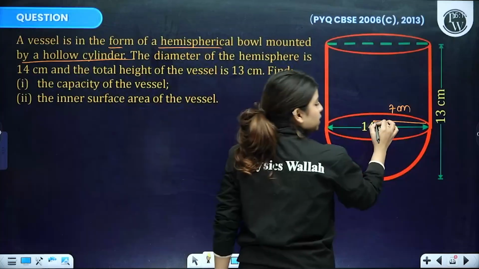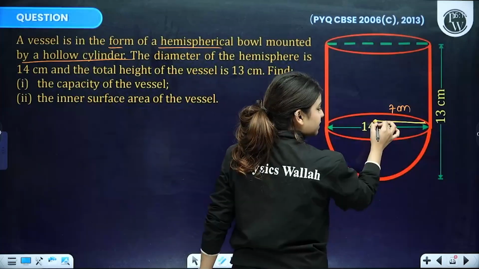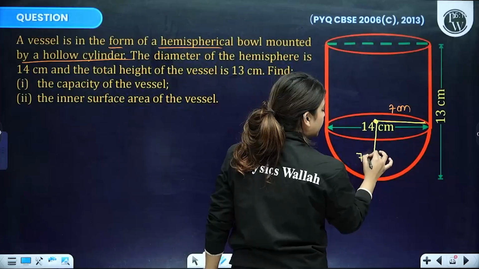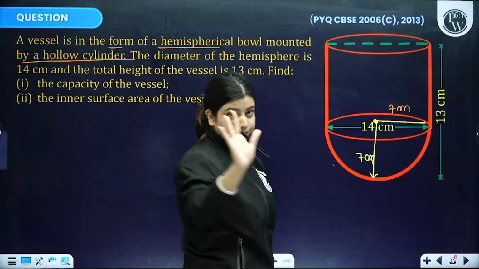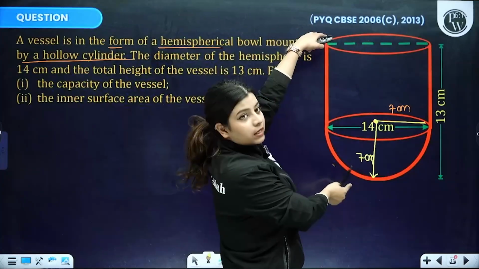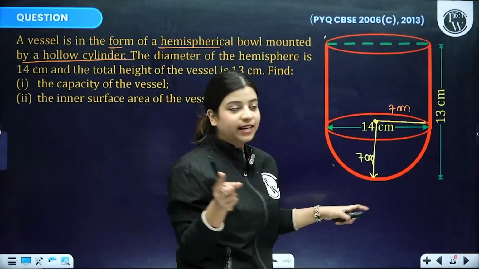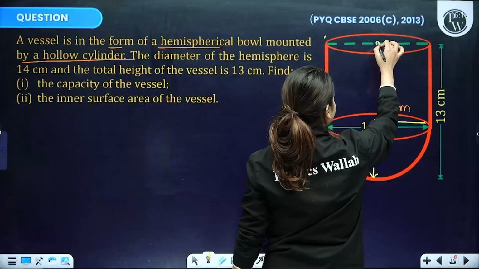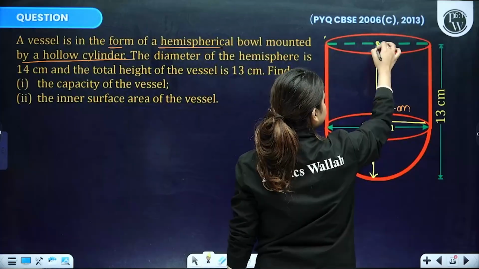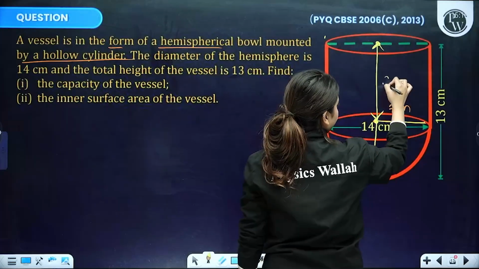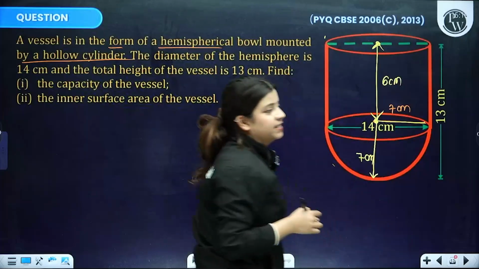So basically now from here to here, if this is 7 centimeter, from here to here also it will be 7 centimeter. If the whole height is 13 centimeter and from here to here it's 7 centimeter, we can directly find out the height of the cylinder. That will be 13 minus 7, and 13 minus 7 will give you 6 centimeter.